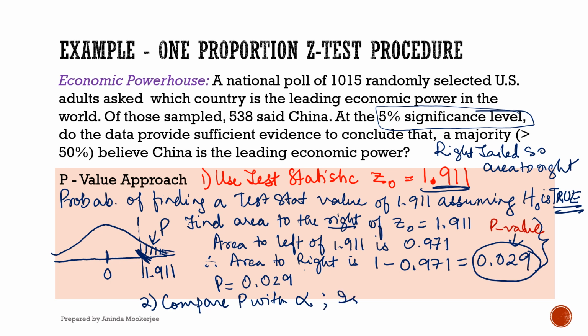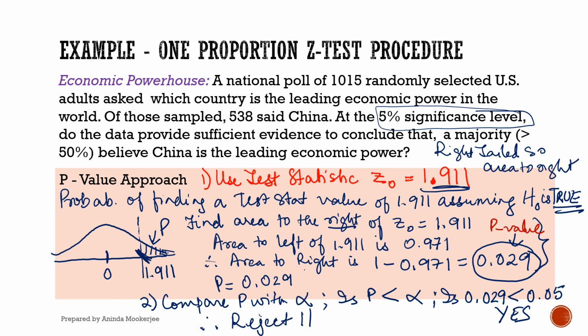So is p less than alpha? What is the p-value we found? Is 0.029 less than 0.05? Yes. Therefore, reject null hypothesis. And that decision agrees with what we found with the critical value approach.